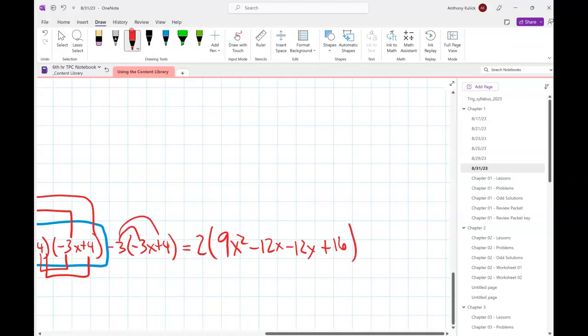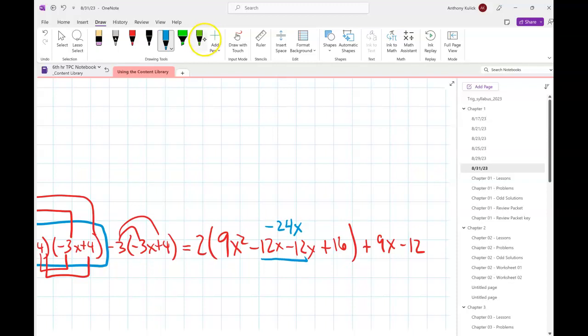And then we might as well distribute here as long as we're multiplying stuff, right? Notice that I can combine the negative 12x's as negative 24x. And then I'll just distribute that 2 now.